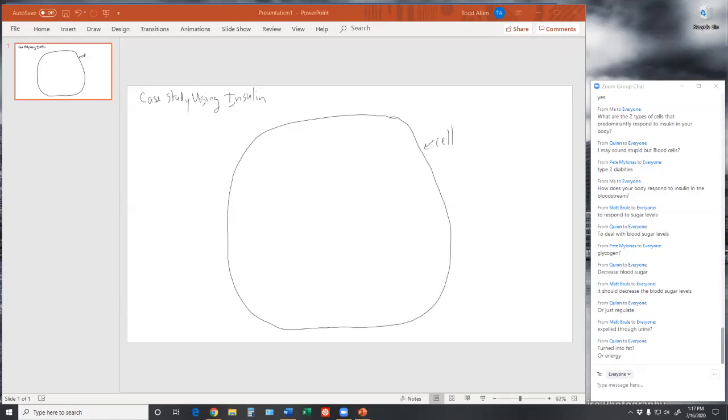Okay, Quinn, you say it's turned into energy. What object in the cell would turn it into energy? Excuse me, I misstated that question. What object in the body would turn the sugar into energy?